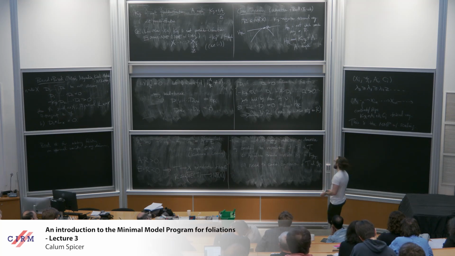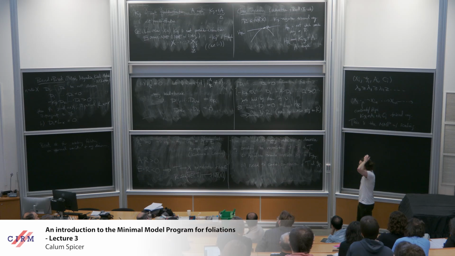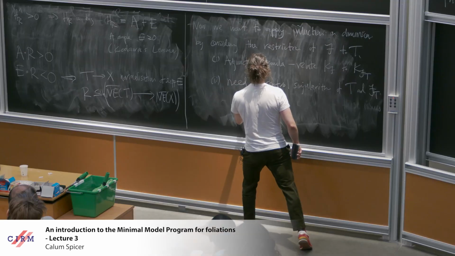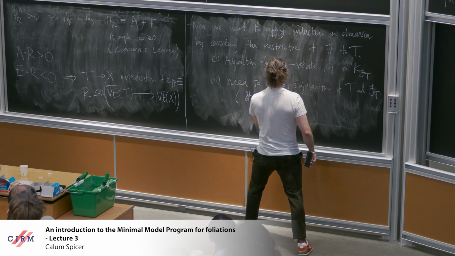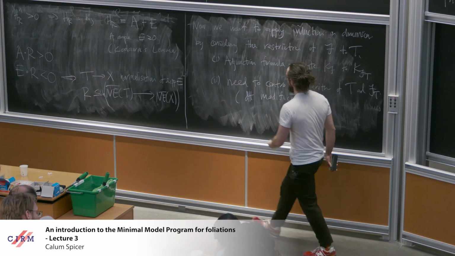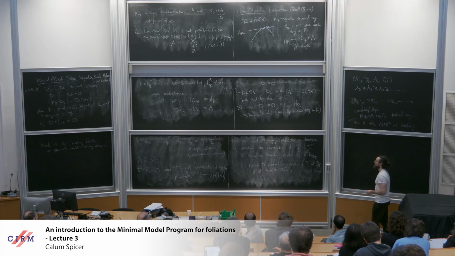But it can be done through some interesting techniques on partially resolving singularities. Maybe I'll just say the words DLT modifications. But just to say that there's something that one can do, and really you need some sort of foliated version of DLT modifications.